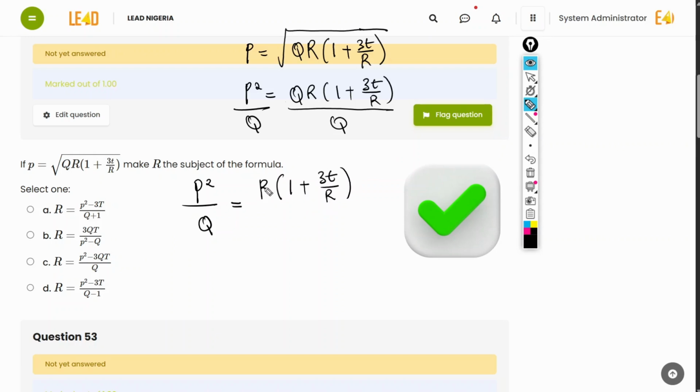If I expand this, this R will cancel out the R here. So let's try that out.